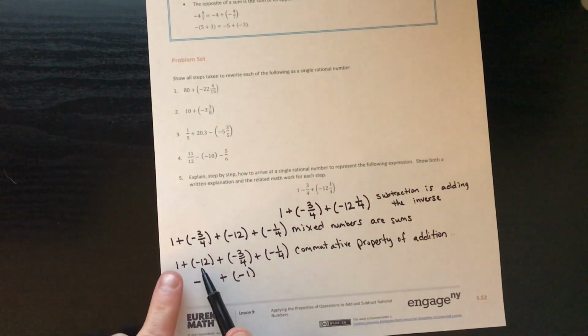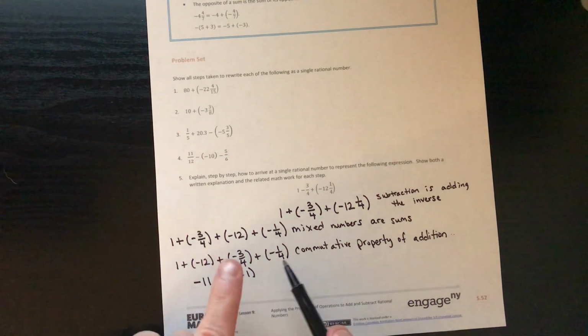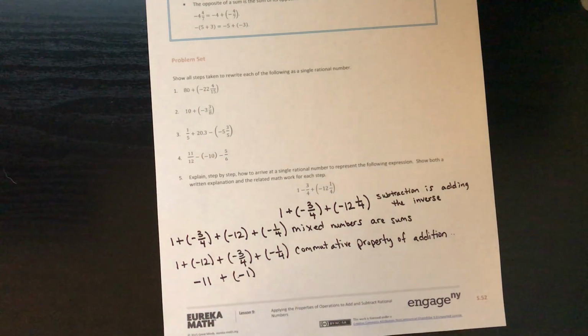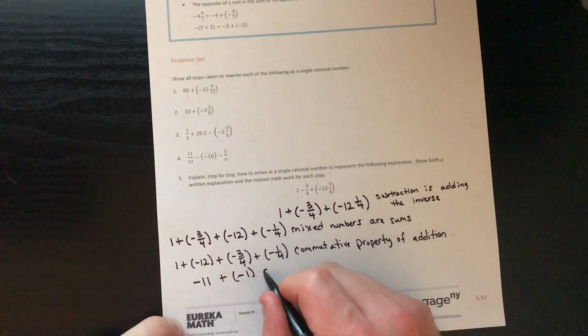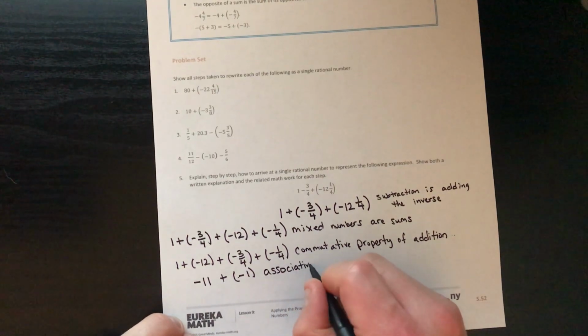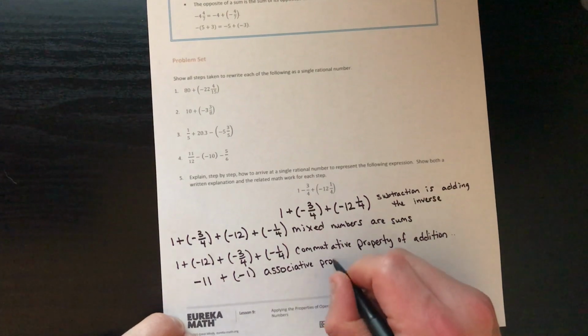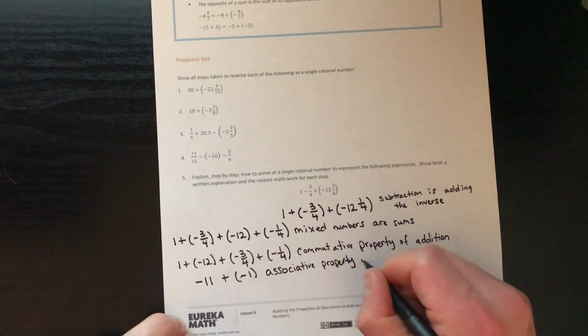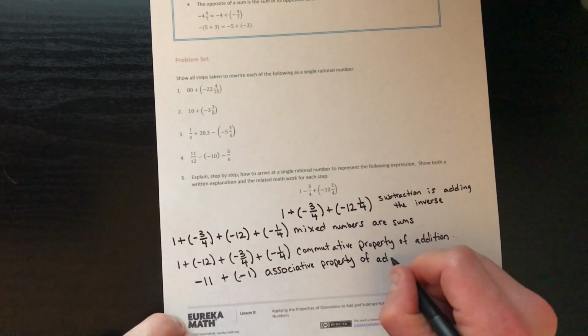Because I added two numbers on this side of the expression and two numbers on this side, I grouped them the way I wanted to. It was convenient for me. You could also say I associated the numbers the way I wanted to, and so that's the associative property of addition.